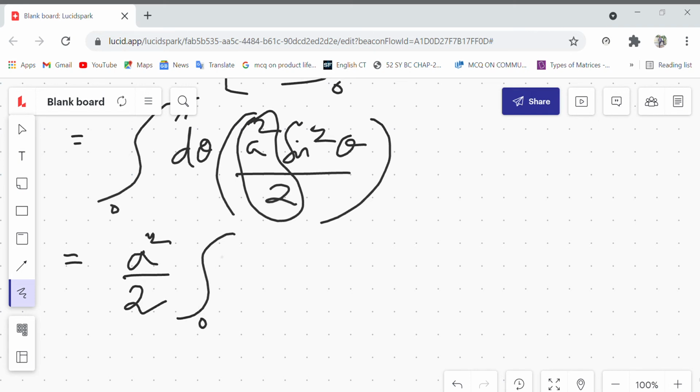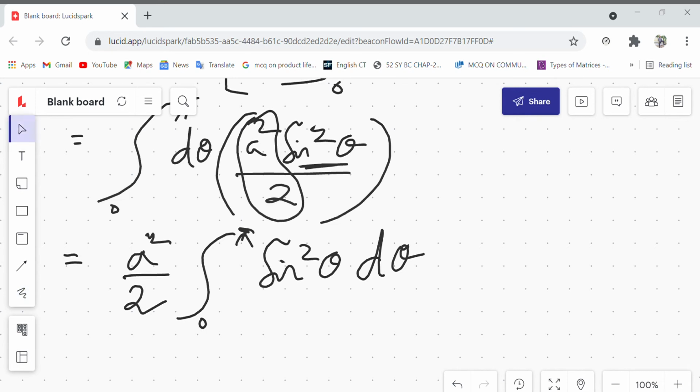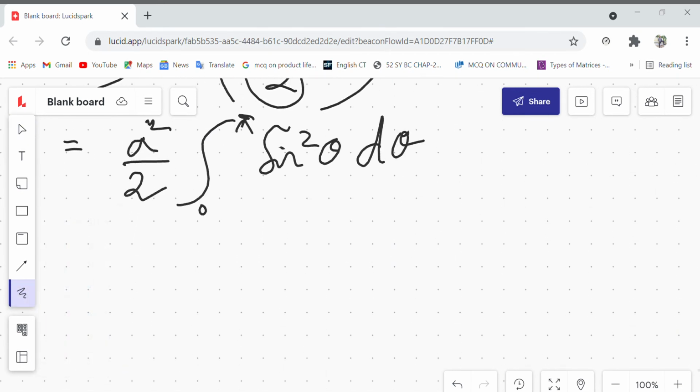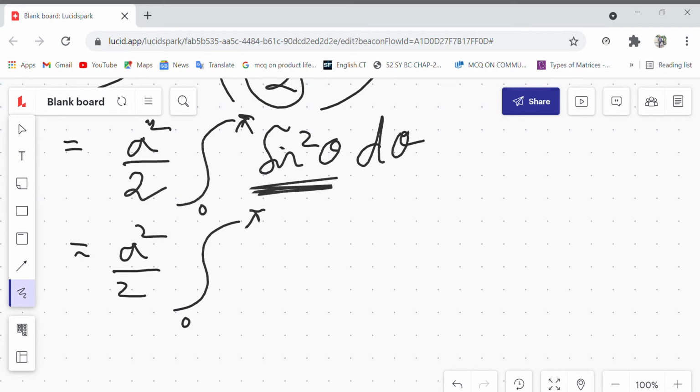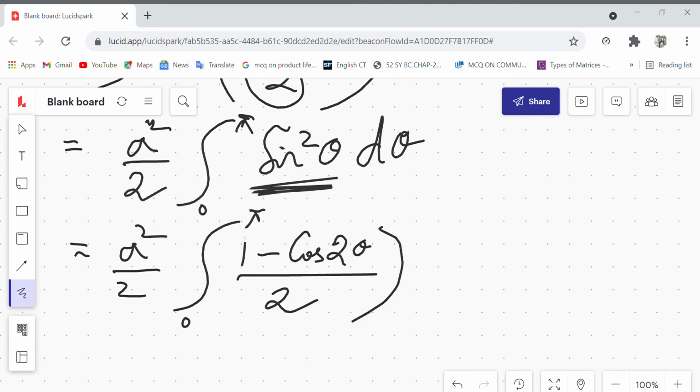Then 0 to pi, sine square theta into d theta. Then equal to a square by 2 integration of 0 to pi. In place of sine square theta, we can write 1 minus cos 2 theta divided by 2, whole into d theta.